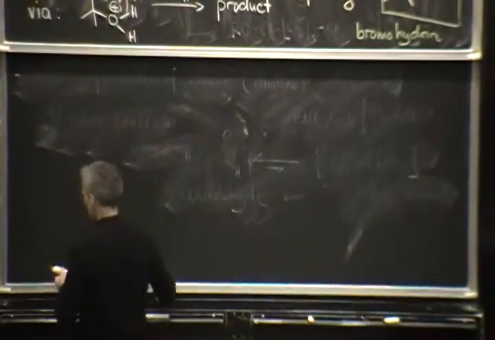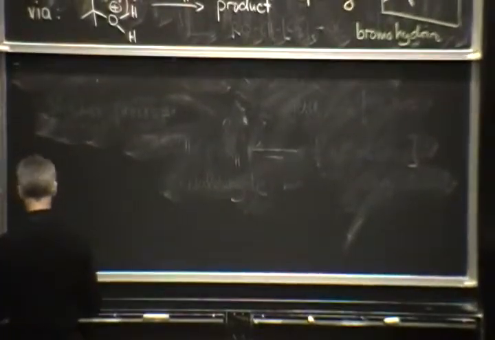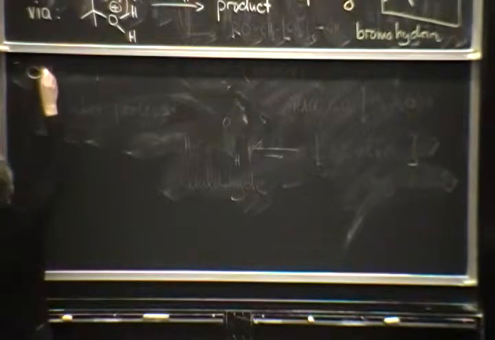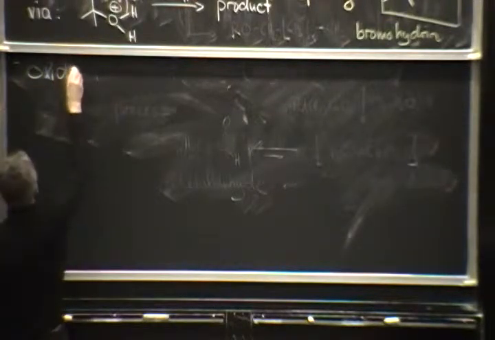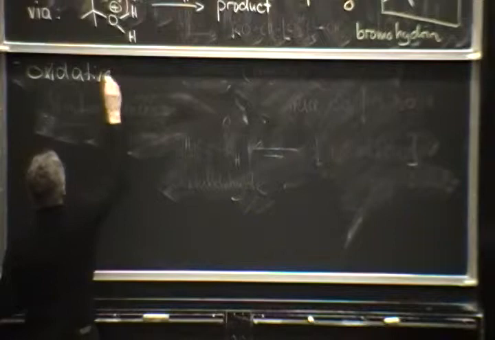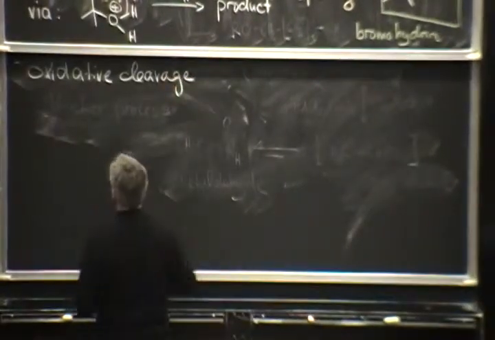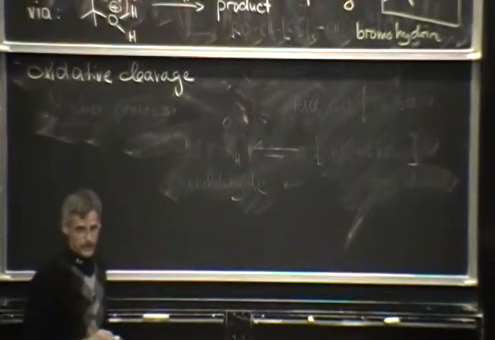Okay, let's look at a different pathway now, and that is oxidation of alkenes. In particular, the oxidative cleavage. And there are a number of processes.